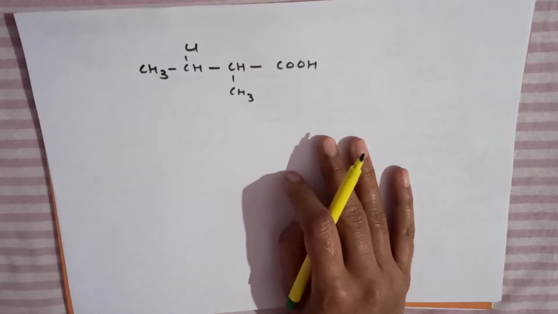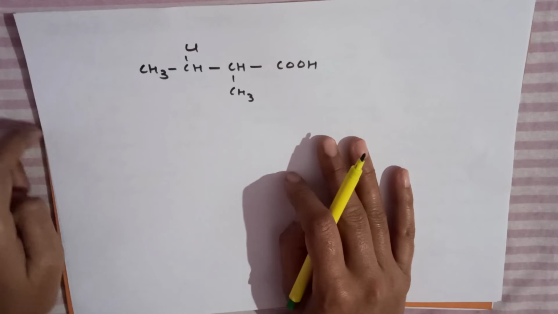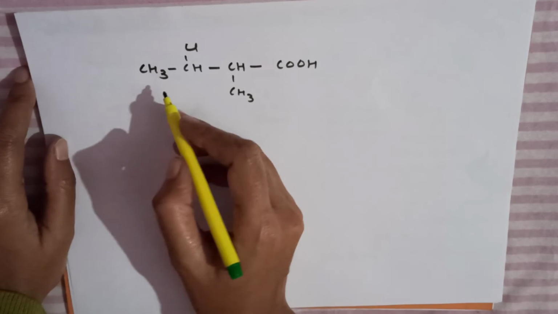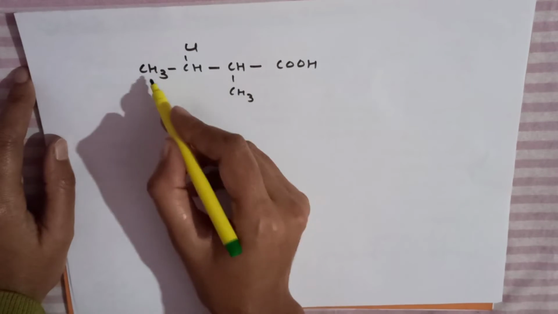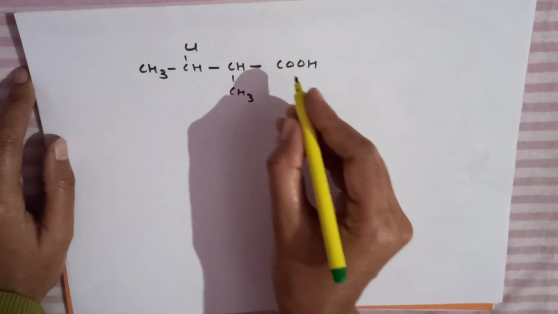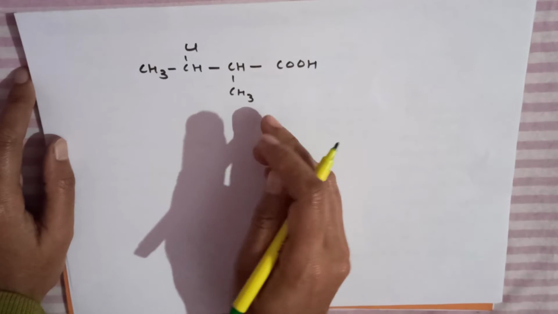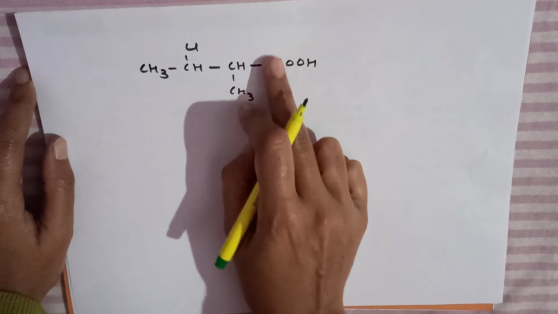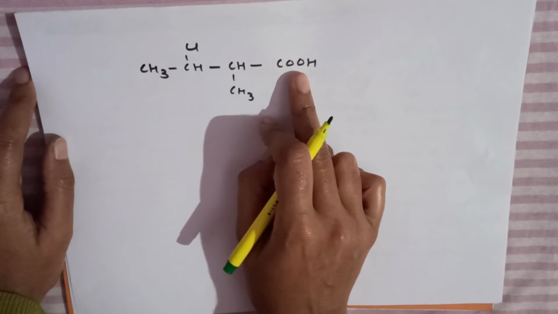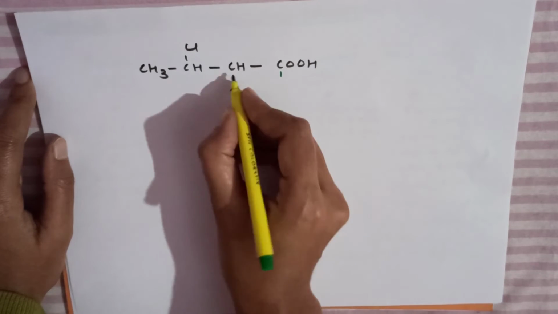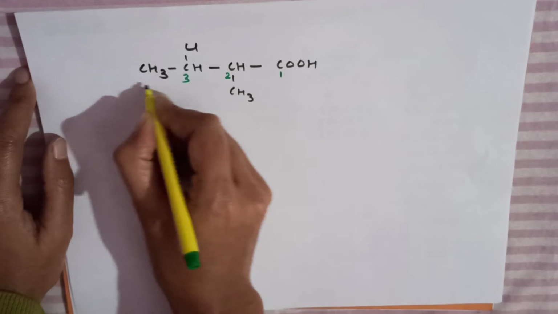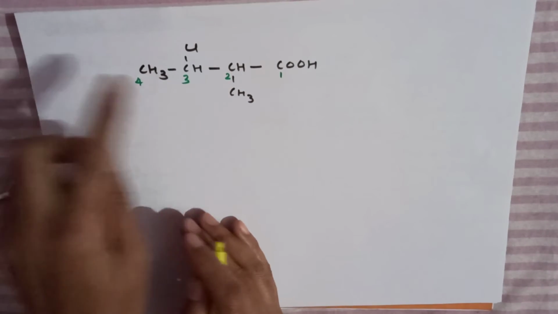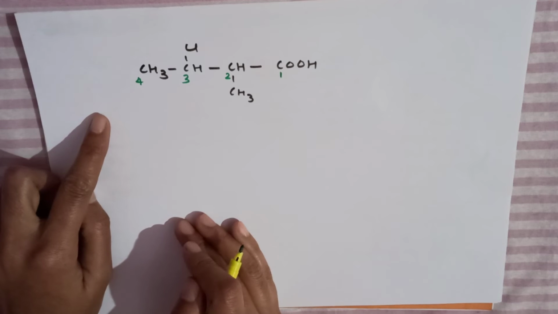So first of all, we will select the longest chain. Longest chain is of 1 2 3 4 carbons. We will start numbering the carbons. From which side will we start? From this side, because from this side the terminal functional group is present. So 1 2 3 4. Okay, a 4 carbon chain is forming here.